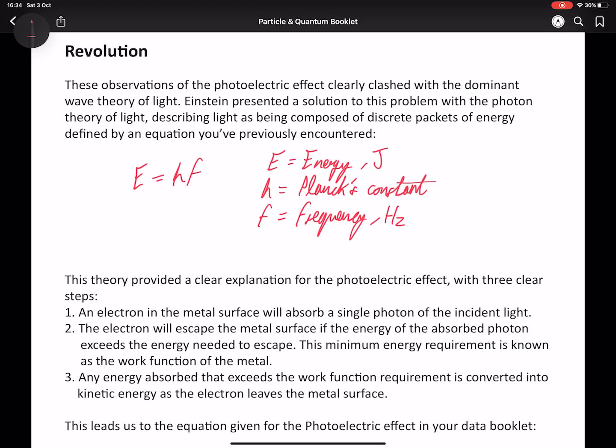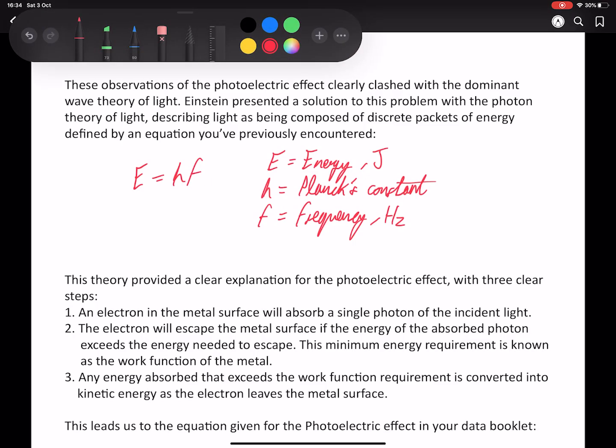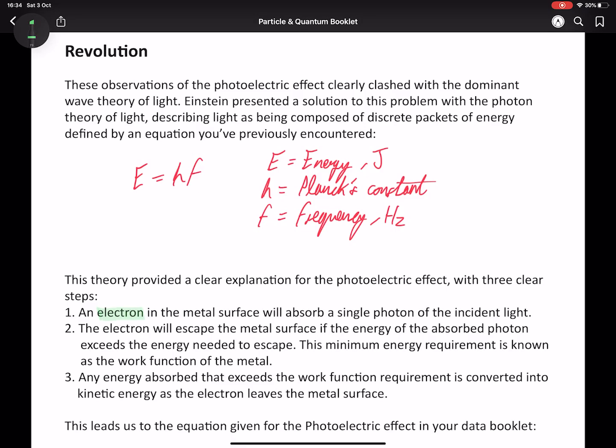Now, what we actually get from this investigation are three clear points made in relation to this equation. We can say that any electron that is interacting with the light is actually absorbing a single photon.